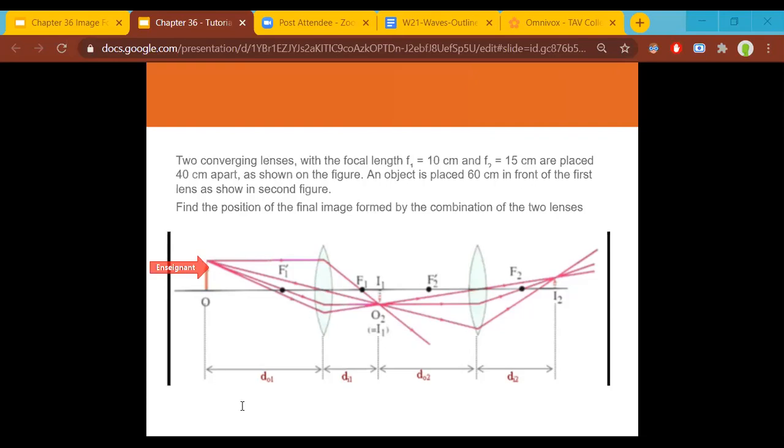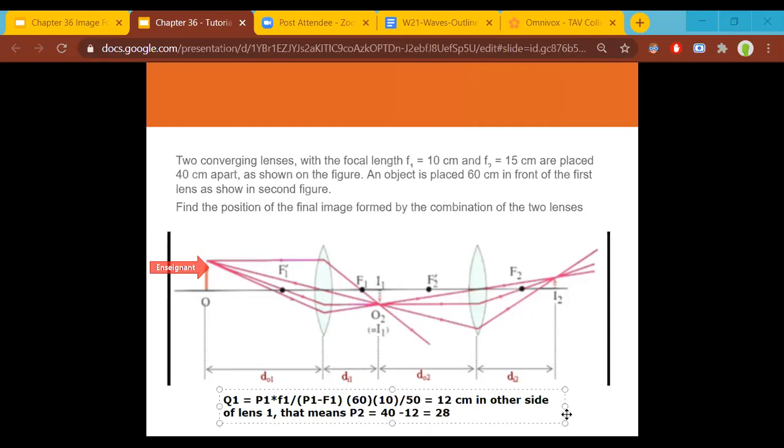So if you rearrange the lens formula, you get that the location of the first image is equal to the location of the object times the first focal length divided by the position of the object minus the first focal length. So you get an image distance of 12 centimeters.